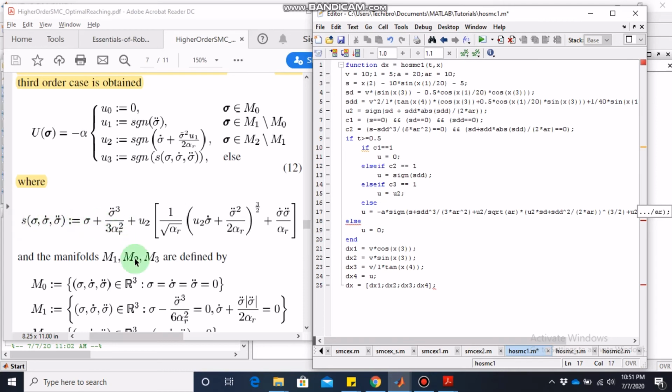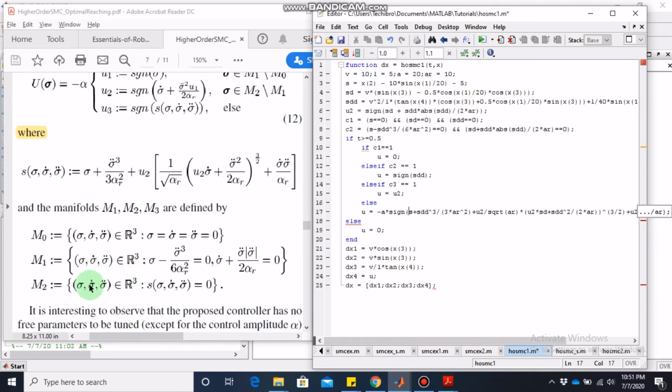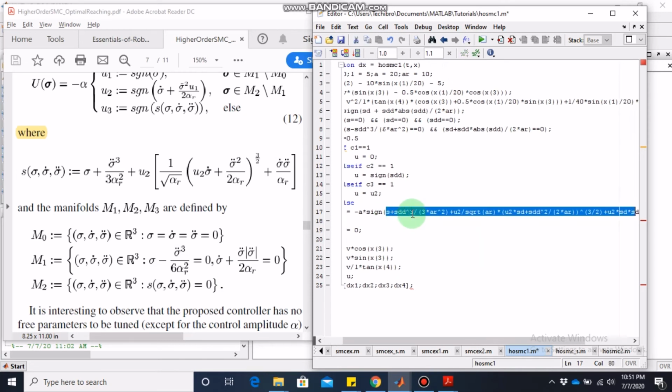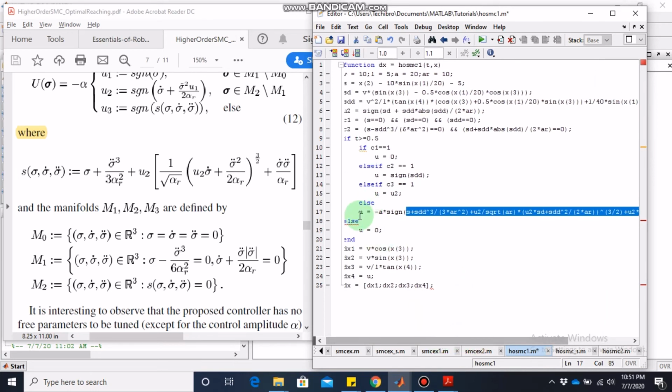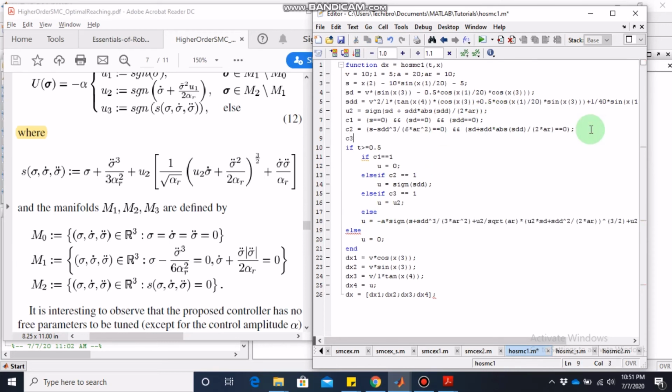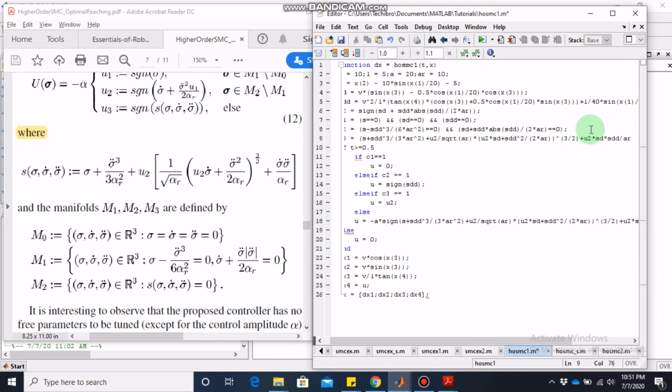Condition C3 is simply this function s here. You can see that M2 is s equals 0. Whenever this whole function s is equal to 0, then condition C3 will be satisfied. Luckily we have already written s in the code in the expression for u. So we copy this value of s from the expression of u that we wrote before, and we say C3 is equal to this s equal 0.